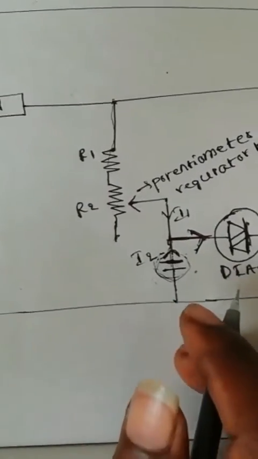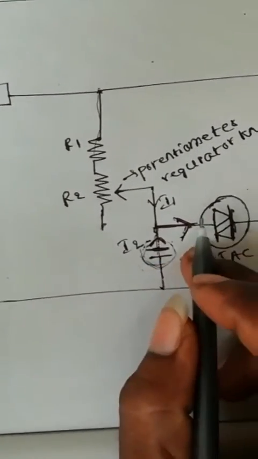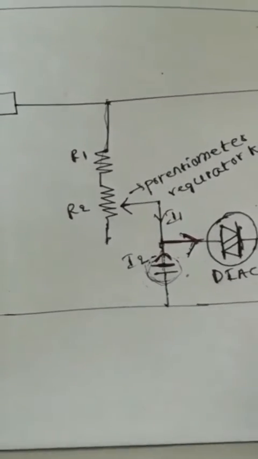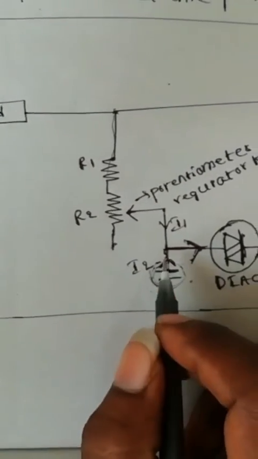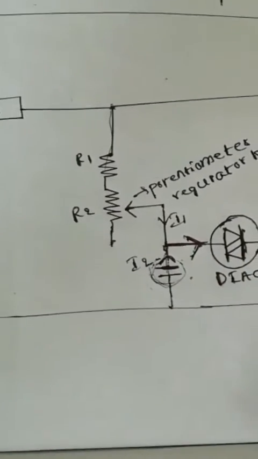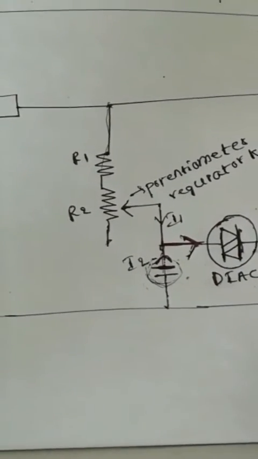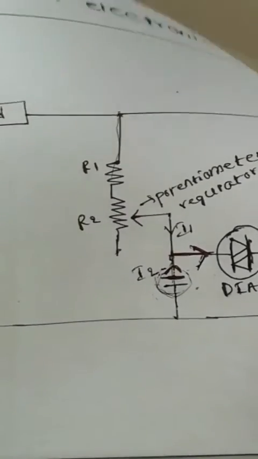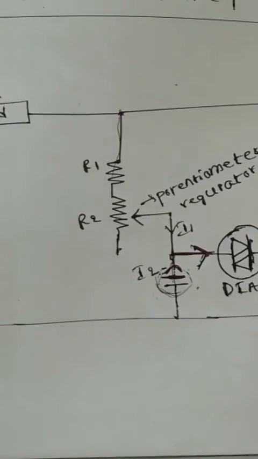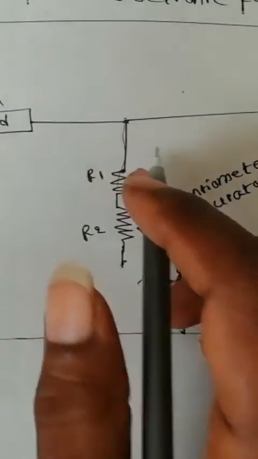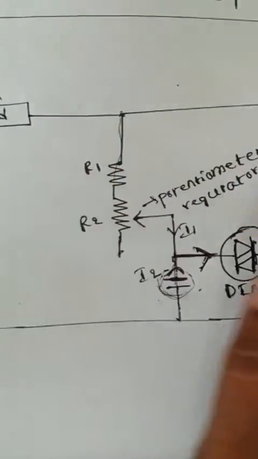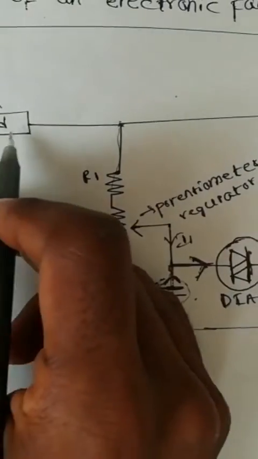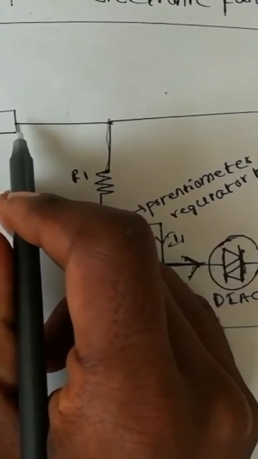So if our time constant is less, the triac component will be shorted more times. If our time constant is more, the triac will be shorted fewer times. If the triac is activated more times, more power is passed through the load, and if it is activated fewer times, less power is passed through our load.